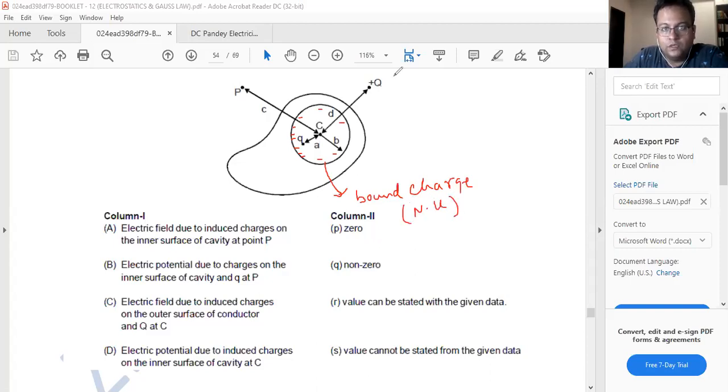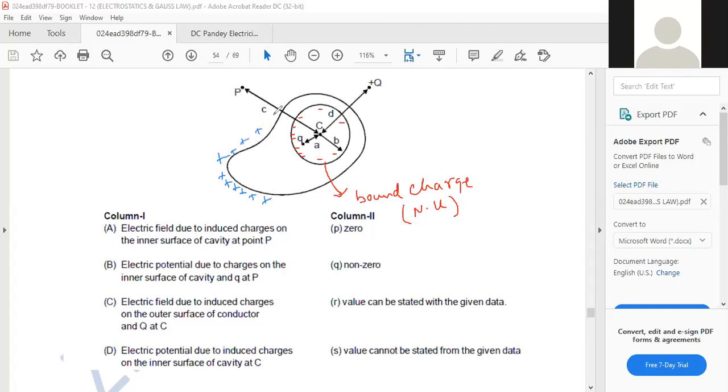What about the outer surface? Will the charges be uniformly distributed? No. Why? Radius of curvature is different. And plus Q is there.